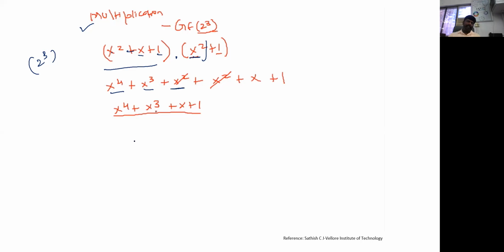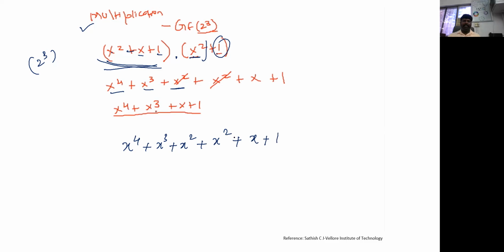I hope this is clear. That gives x power 4 plus x power 3 plus x square, and then the 1 has to be multiplied over the entire term, which is again x square plus x plus 1.